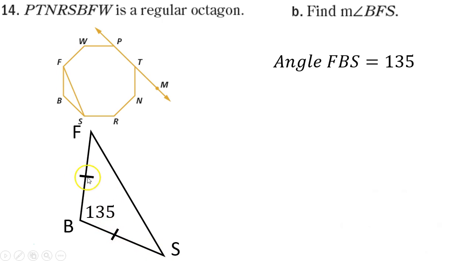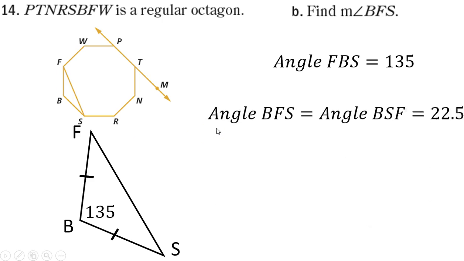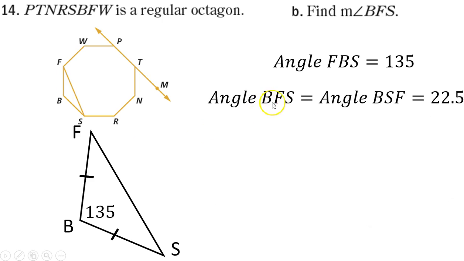Since it's isosceles, angle F and angle S have to be the same, and all these angles have to add up to 180. So BFS, this angle right here, and angle BSF, this angle right here, have to be the same, and they have to be 22.5.